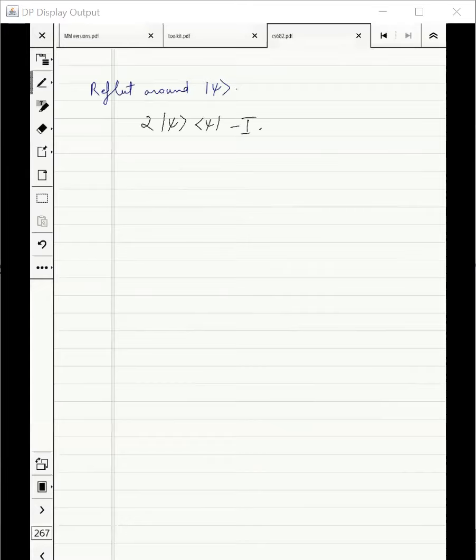I can think of it as this, and this is where the star of that statement comes about.